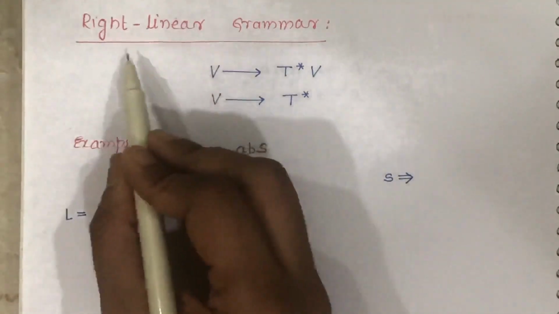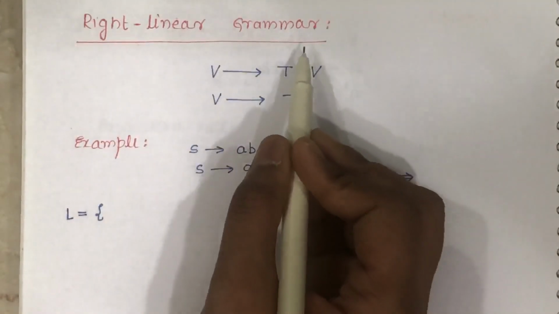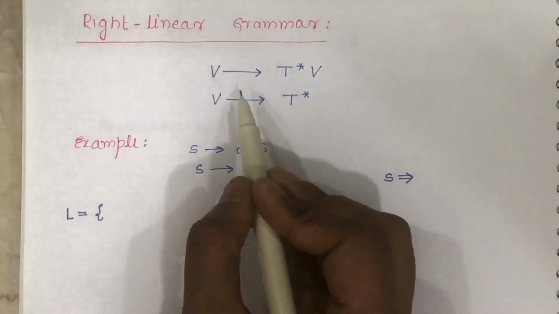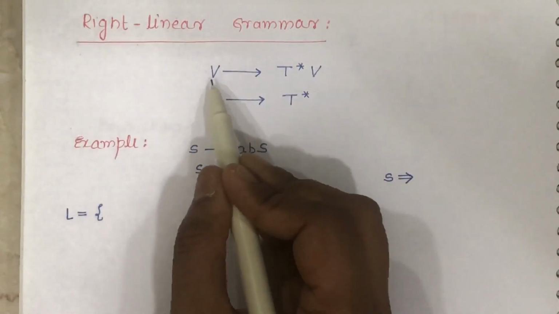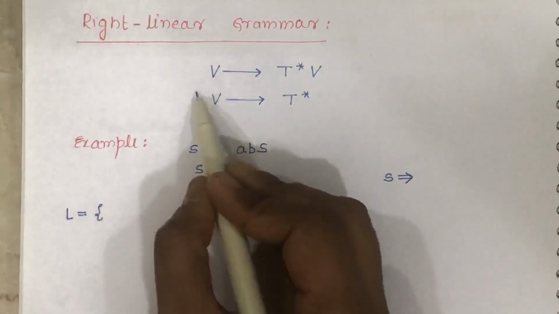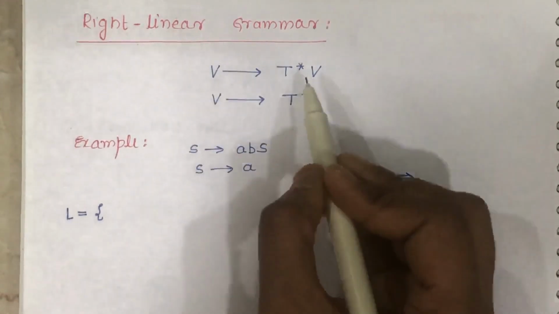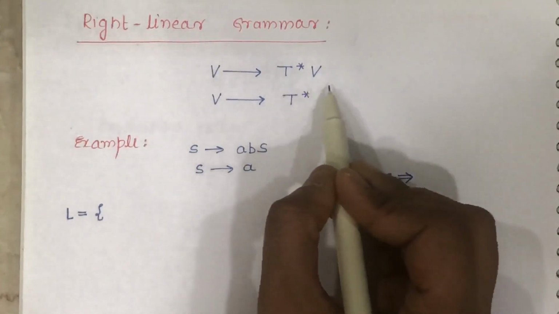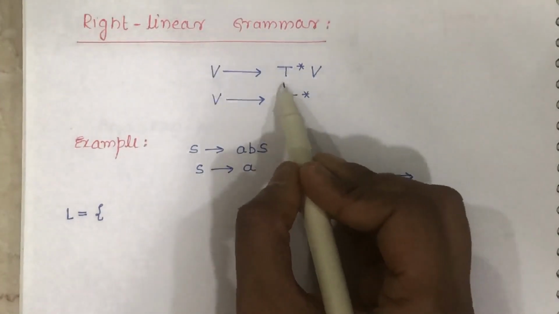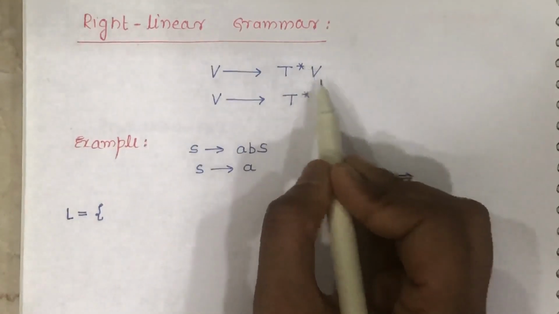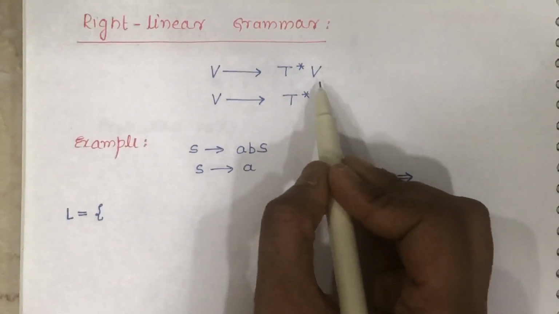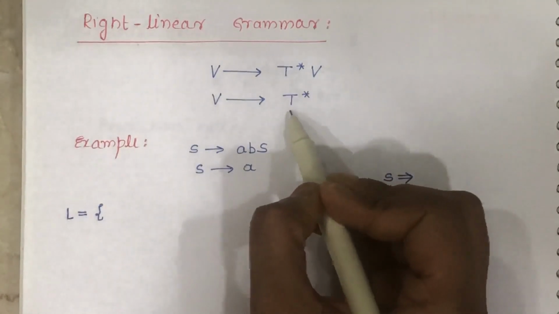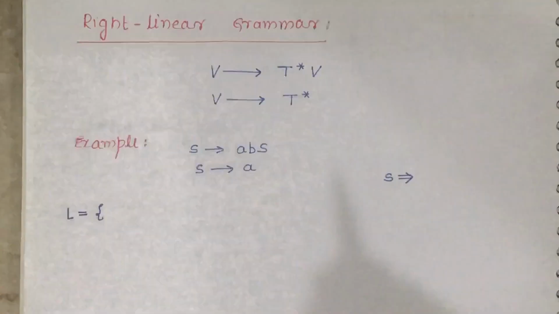Now we will discuss right linear grammar. In right linear grammar, the production rule looks like this, where on left hand side there will be one non-terminal. On right hand side there are 2 possible forms of alternates. In the first possible form, 0 or more instances of terminal should be followed by a single non-terminal. And in the second alternate, 0 or more instances of terminal.